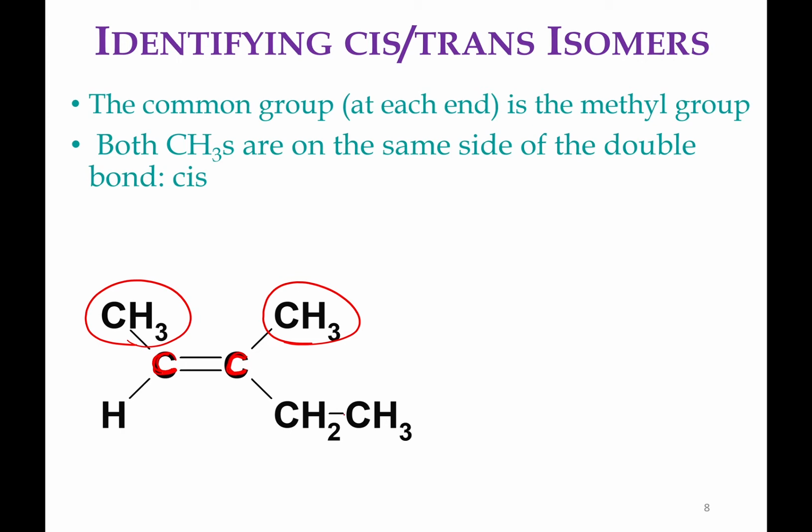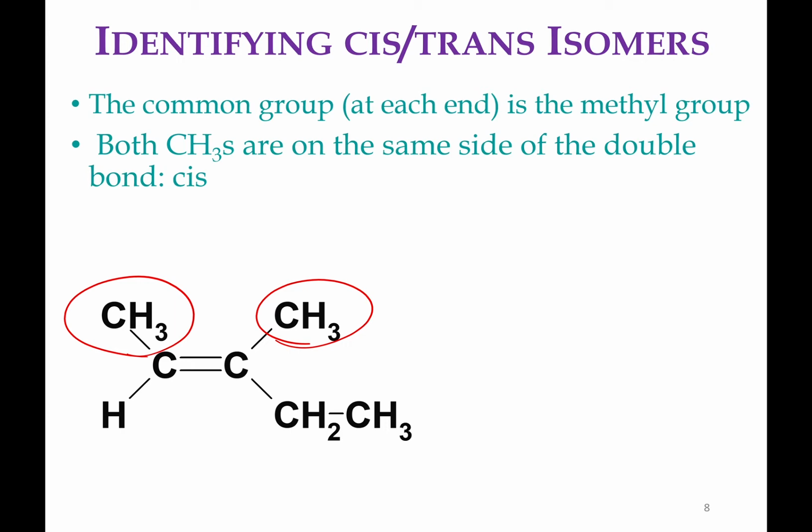So if this were just a methyl group and this wasn't there, we wouldn't be able to have cis-trans isomerism because these could be interchangeable and they would be the same, so that wouldn't be possible. But since that's not the case here, and we do have 2 different groups and 2 of the same group on the opposite sides of the double bond, we can assign cis-trans isomerism.